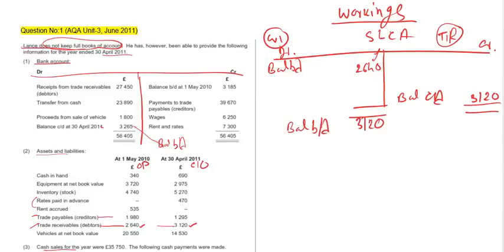3120. Any money we received from trade receivables from the bank account, yes, receipts from trade receivables, 27450, is on the credit side. Pretty much that's it. There's nothing else. We're looking for credit sales. That's our balancing figure. Doesn't matter, we'll look for the bigger side this time. Your credit side is bigger.